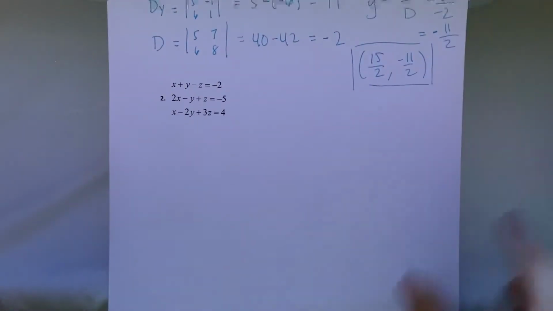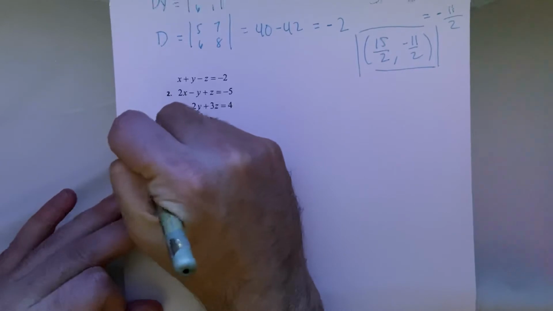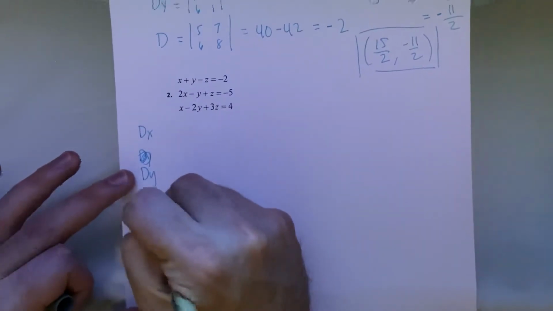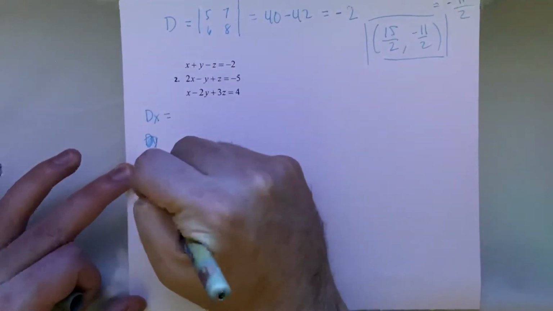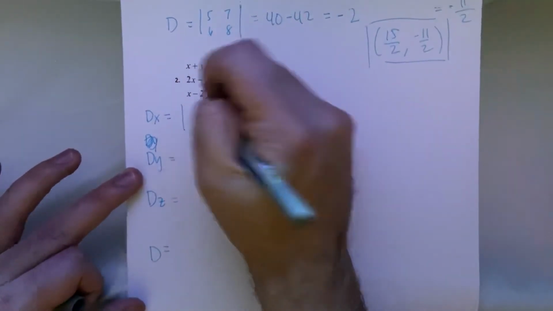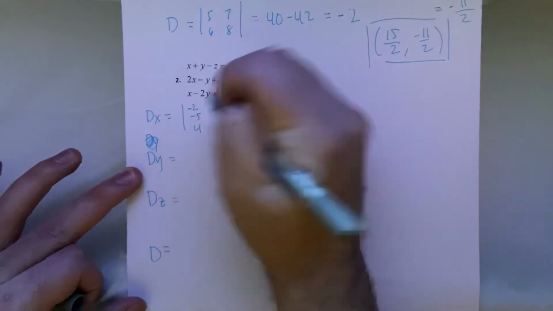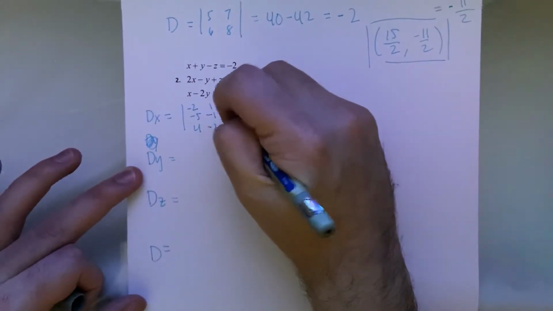If we wanted to find all three in a 3 by 3 system, I would have to have dx, dy, dz, and the denominator matrix. For dx, again, our solutions replace the column coefficients for x, so negative 2, negative 5, 4, 1, negative 1, negative 2, negative 1, 1, 3.